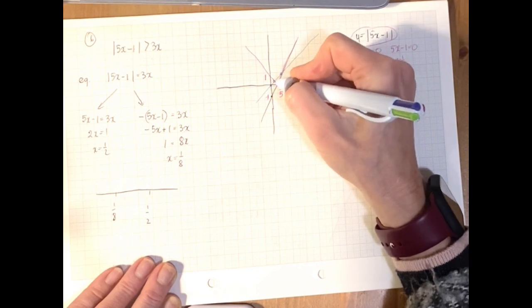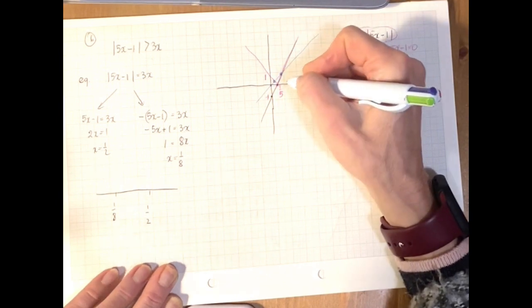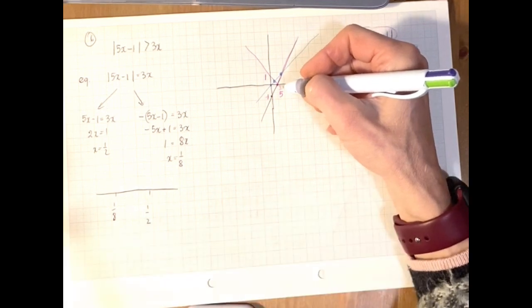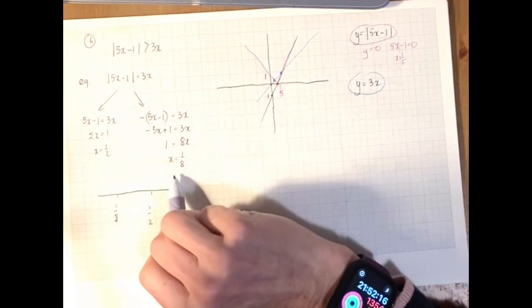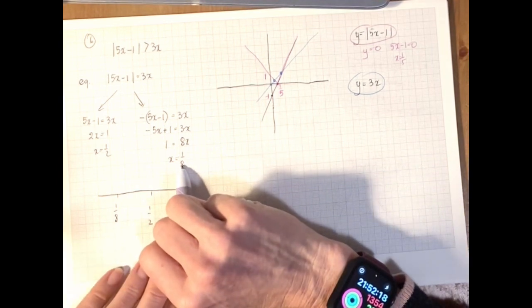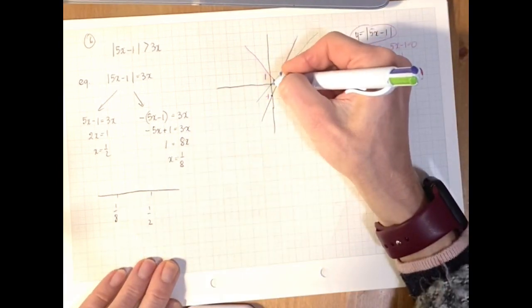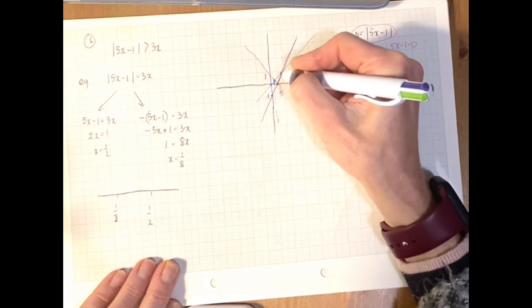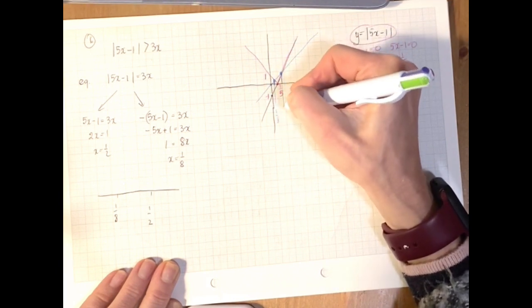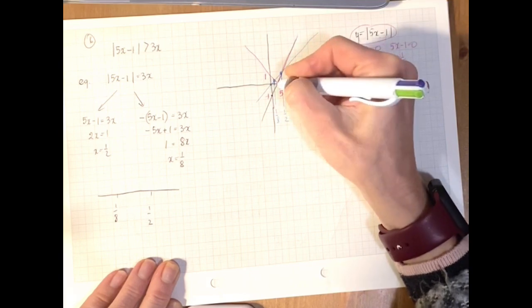So there are 2 points of intersection. We've already found those points of intersection. So 1/8 is a smaller value, so it must be this one here. So that will be 1/8, and this one here is 1/2. I'll write it up, 1/2.